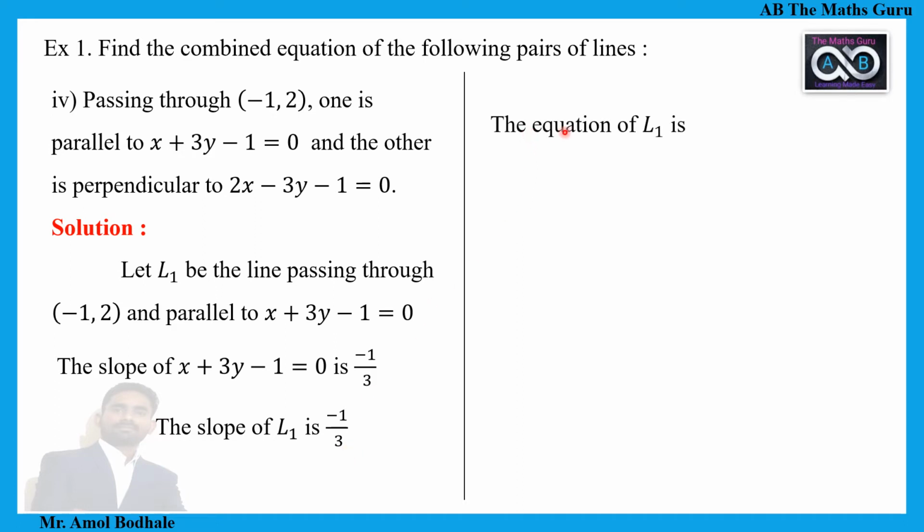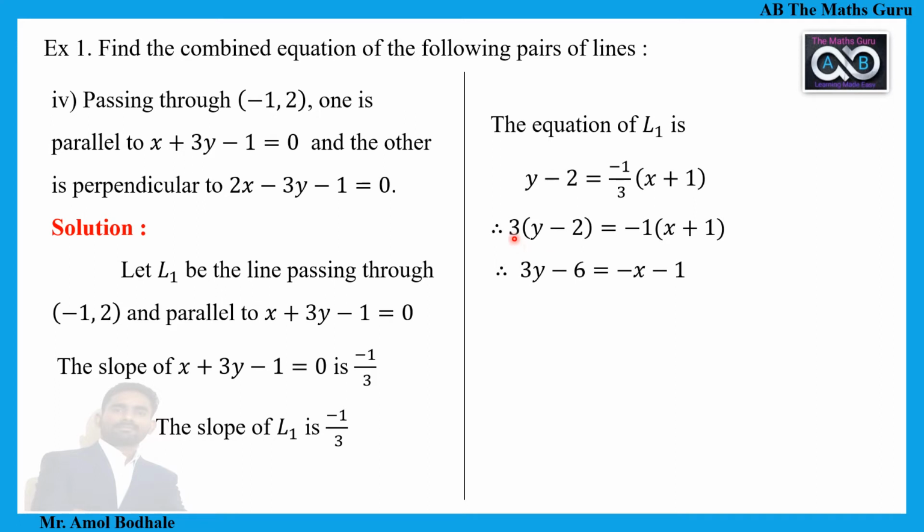Therefore, the equation of L1: as we know the slope of L1 and L1 is passing through a point, we can use the slope point form. So we get y minus y1, which is 2, equal to the slope, minus 1 by 3, into x minus x1, which is minus 1. If we simplify this, we get 3 into (y minus 2) equal to minus 1 into (x plus 1).